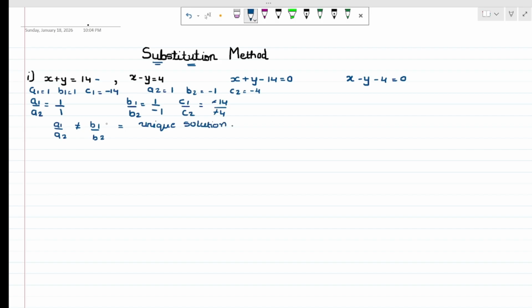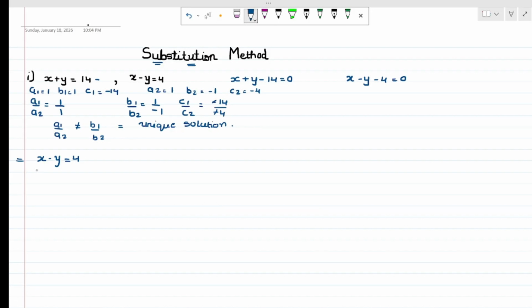So how can you solve this equation? We are given two equations here. Whichever equation seems to be easy for you, select that one. So I am selecting my second equation, x minus y equals to 4. Now I need to make an equation for x. You can select either x or y. It's up to you, whichever variable you are taking.